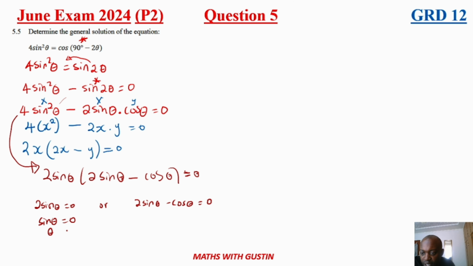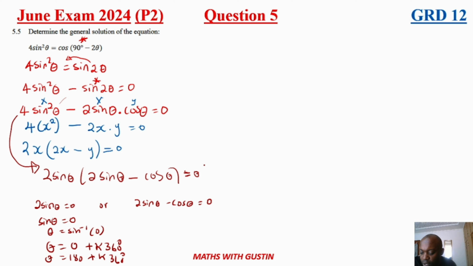Then you're going to say theta second function 0. Then you should get an answer there. So you are going to have theta is equal to 0 plus K360, so that you are able to find other angles as well, if you can see that, guys. Or also theta is equal to 180 plus K360.